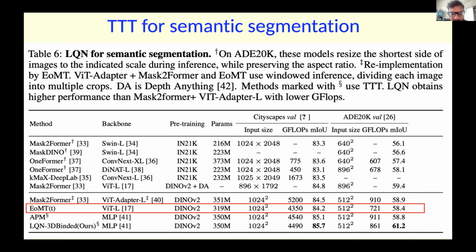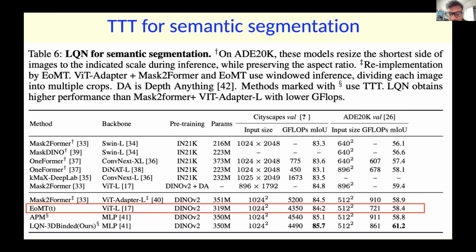The teacher we are using is basically a stripped down version of Mask2Former, and that consumes actually lower GFLOPs than the Mask2Former. So Mask2Former is consuming 5200. The teacher consumes 4350 because it's the stripped down version of Mask2Former, but its performance is lower than Mask2Former because when you try to make a network simpler, it will be worse in performance.